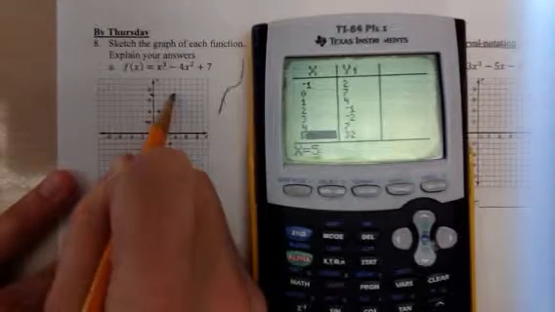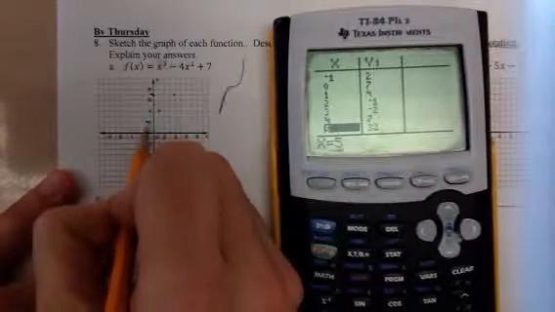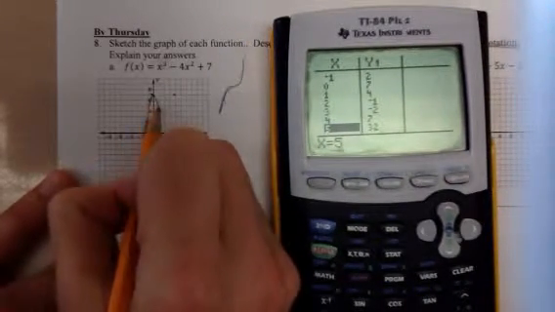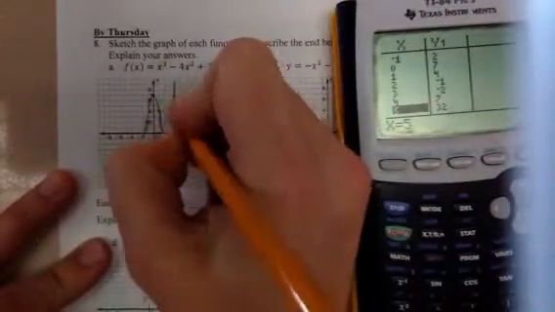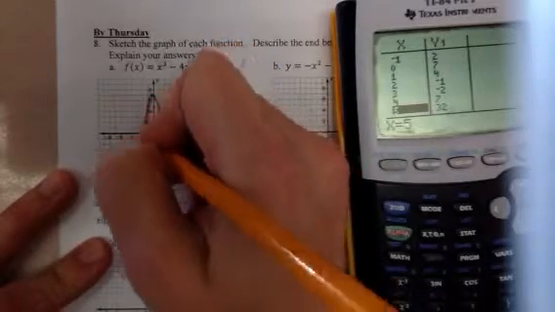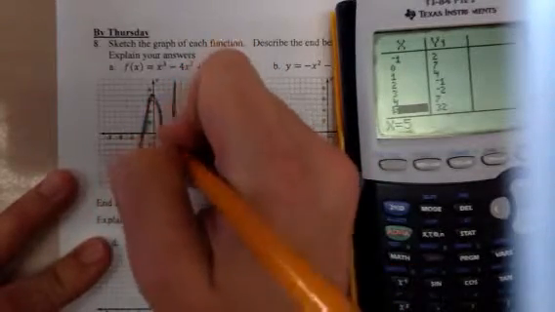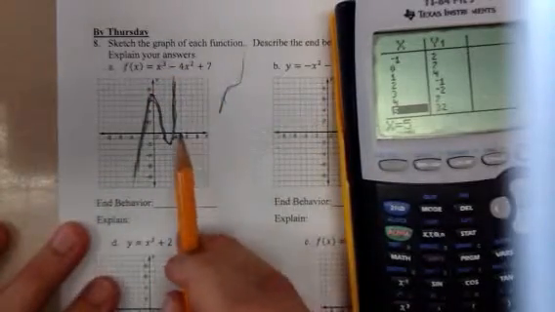And then 5 goes. So this kind of gives me the shape of where it goes up, where it goes down, where it goes back up again, right? So there's a general sketch of the graph going through some important points, right?